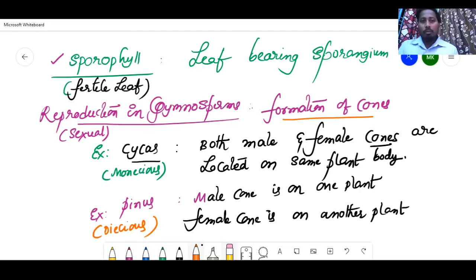What have you understood about sporophyll? For example, this is a leaf. On the leaf, these are sporangium.